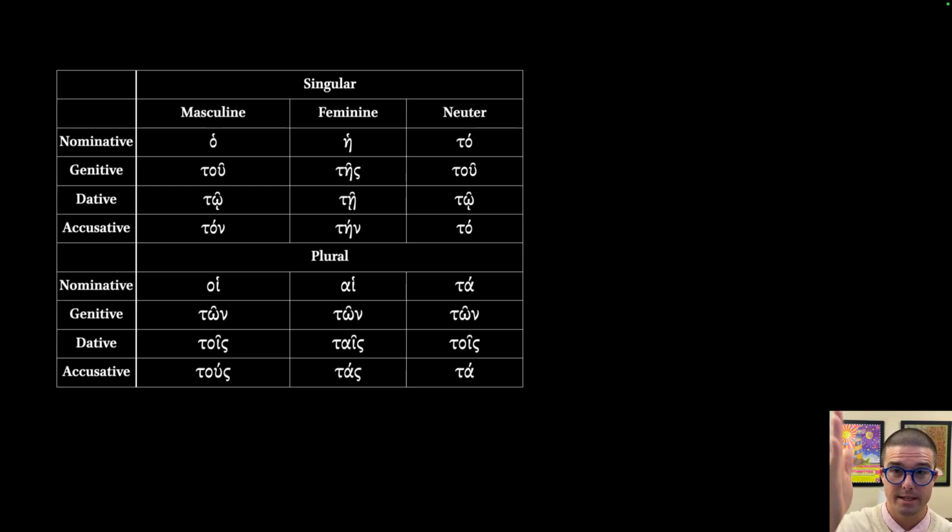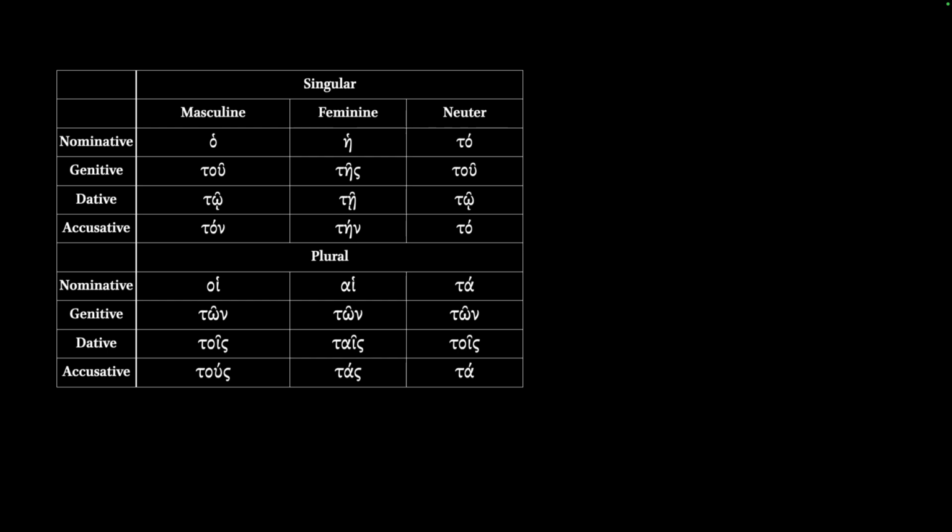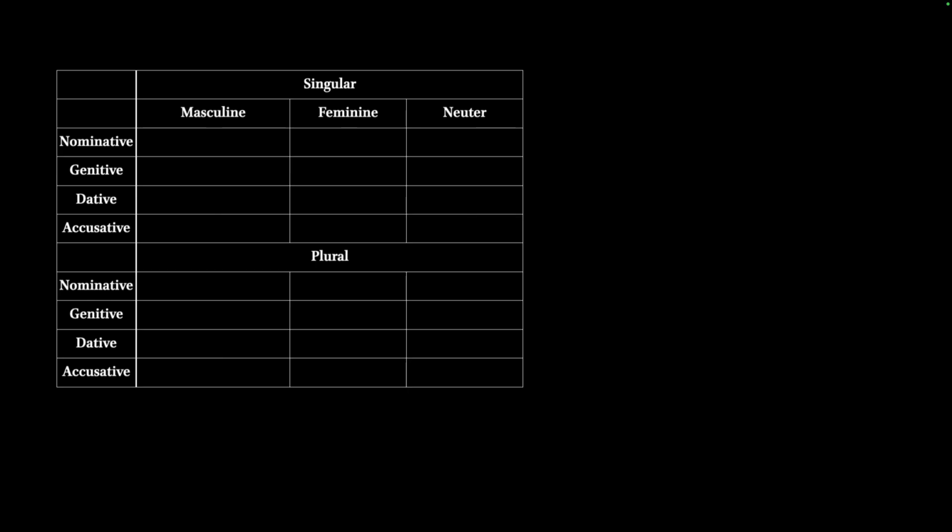And so while I suggest working top to bottom, oftentimes it behooves you, if you can remember those first three, write those in and then work from top to bottom. So I'm going to go ahead and go away here, and the Greek definite articles are also going to go away. So go ahead and pause and write in the entire paradigm on your whiteboard.